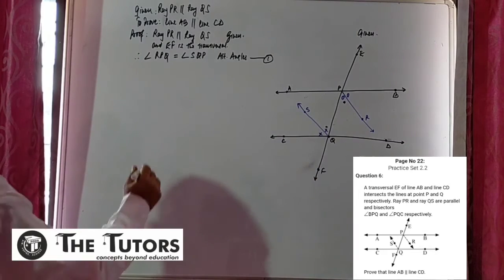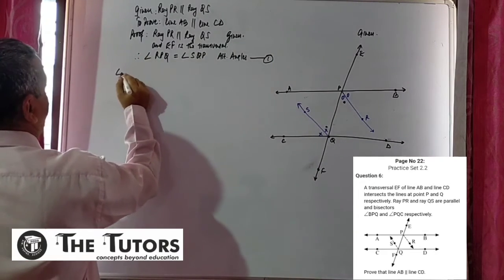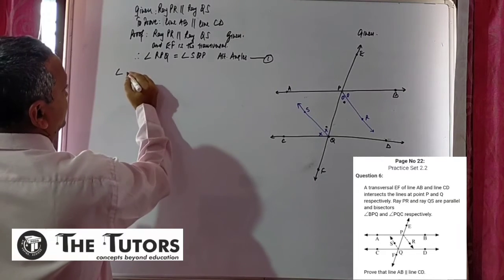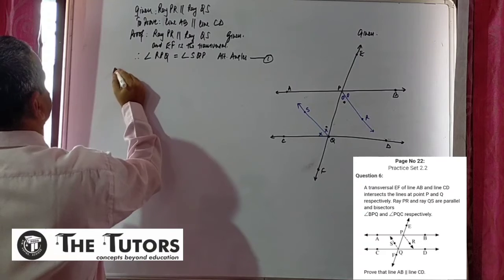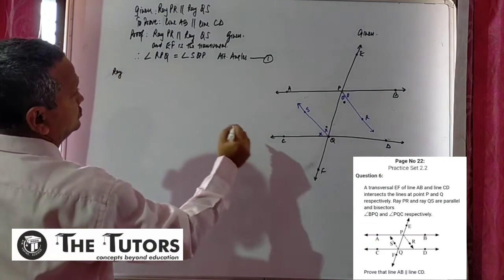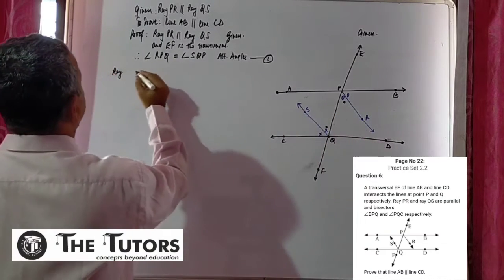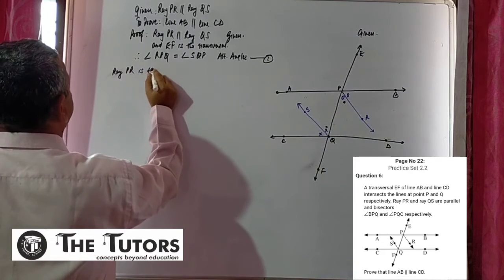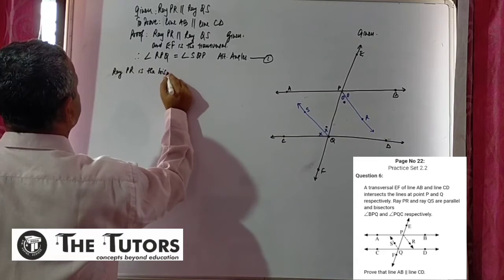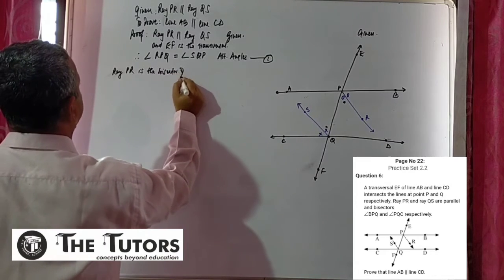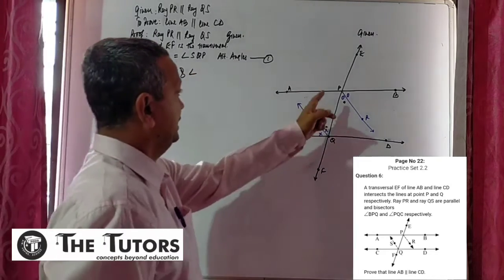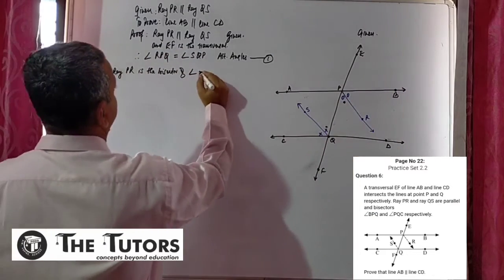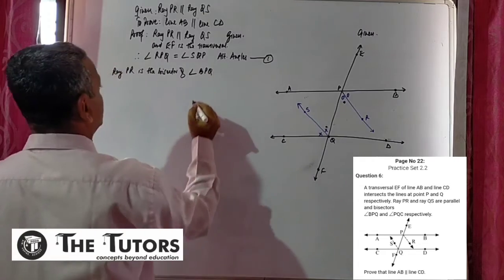Now, ray PR is the bisector of angle BPQ.